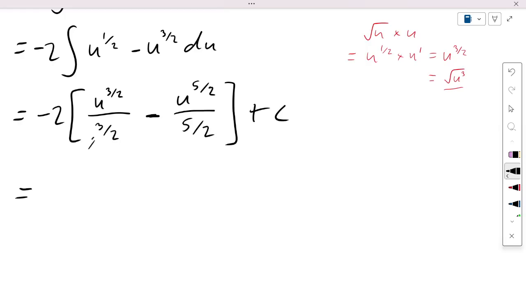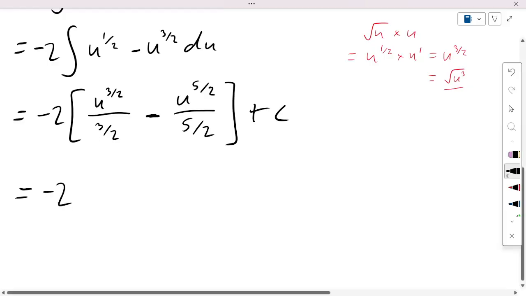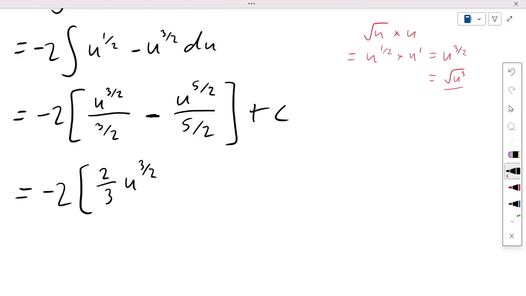We can tip and times this and this over here, which will look like this. It'll be negative 2 into, and then this will be 2 over 3 multiplied by u to the power of 3 over 2, minus, and this will be tipping and timesing this one over here, which is going to be 2 divided by 5 multiplied by u raised to the power of 5 over 2 plus c.